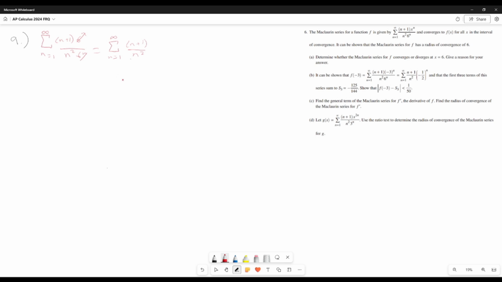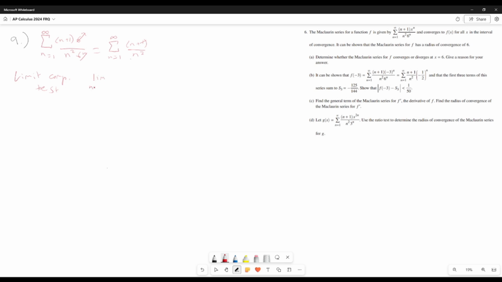Alright, now we need to analyze the convergence of this series. I think I am going to use the limit comparison test, and I'm just going to compare it to, I say we cut out this 1 and make it n over n squared, which is just going to be 1 over n. And over here, we'll write that we're using the limit comparison test.